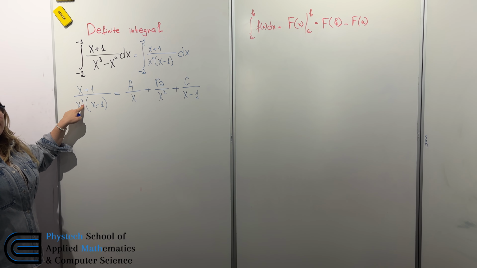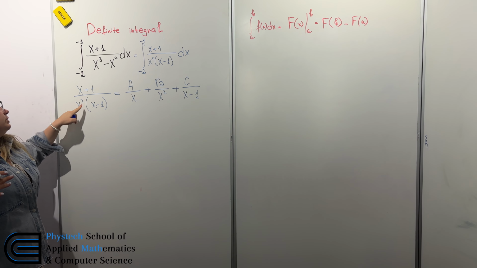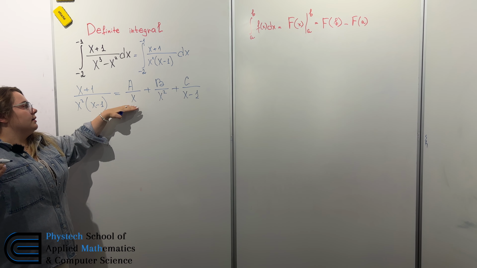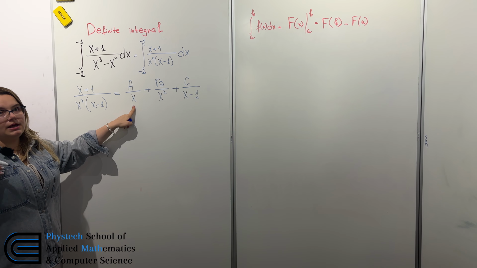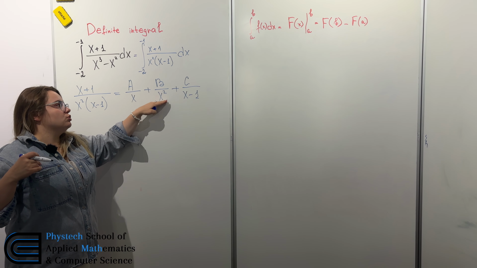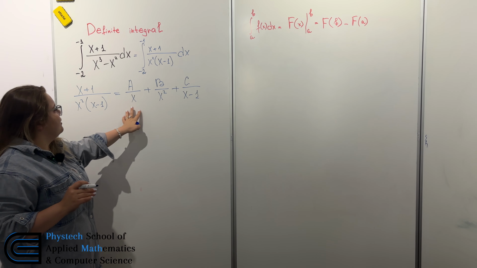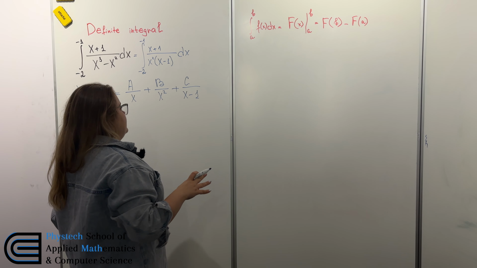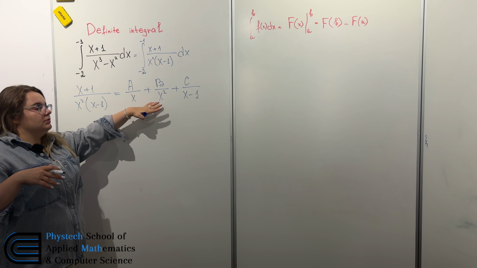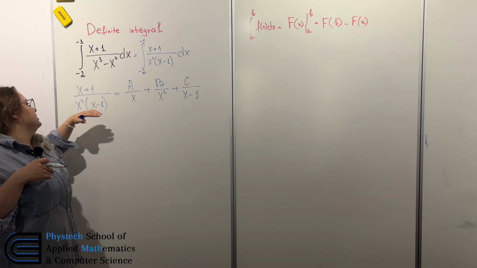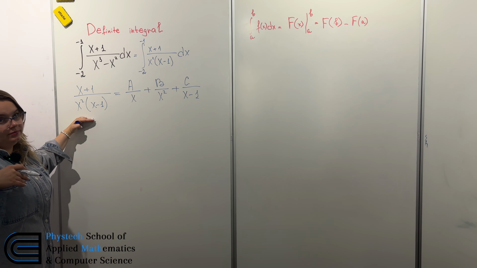Here we have power 2, so we need to add a fraction with x to the power 1 and also with power 2. So now we have a sum of 3 fractions, and we know that this sum gives us this one.